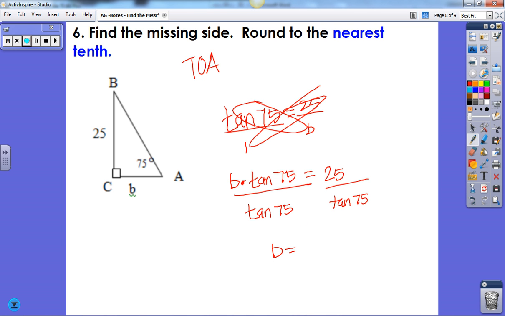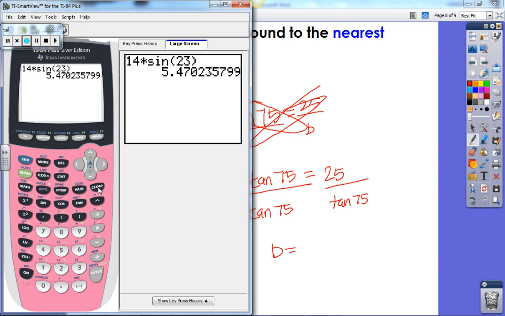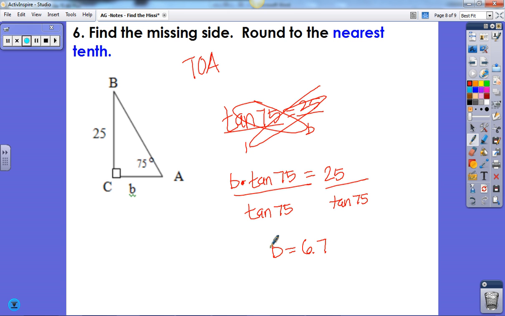Type that in my calculator: 25 divided by the tangent of 75, and I end up with 6.7.